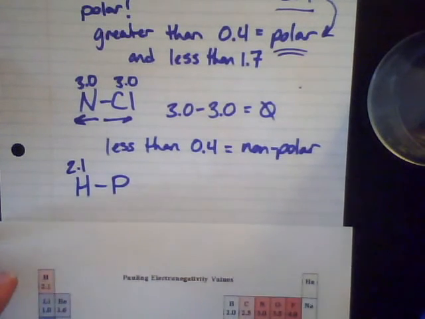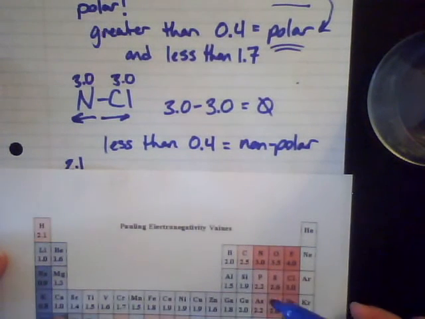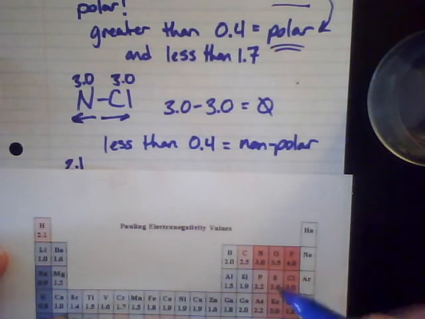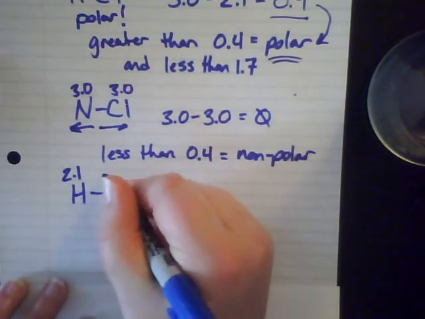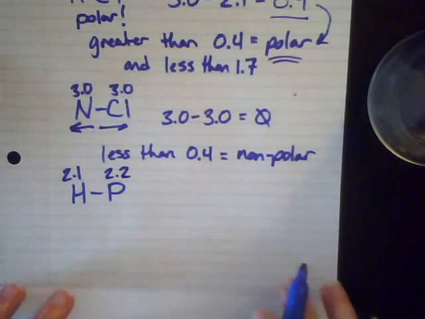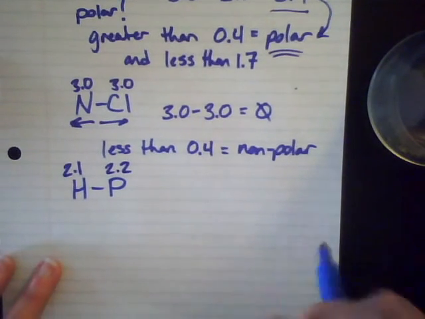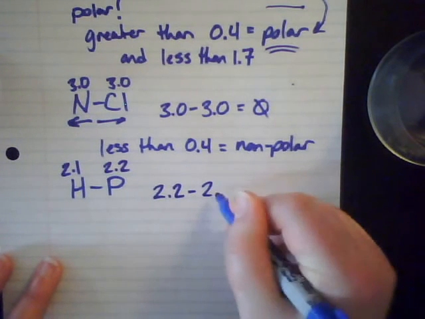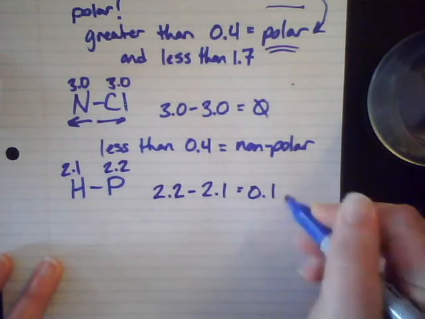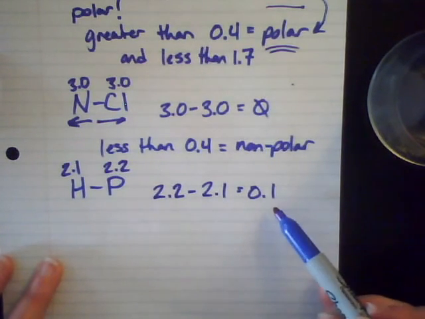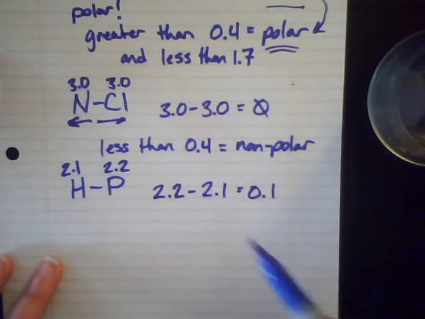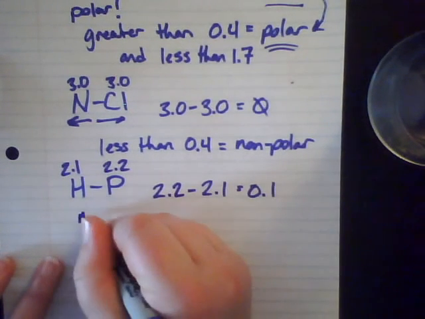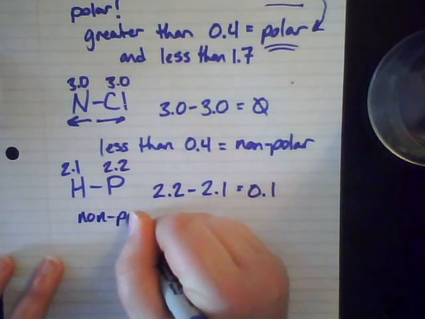Phosphorus is down here in the nitrogen column, below nitrogen, so phosphorus is 2.2. If you take the difference between these, again, you always take the smaller one from the larger one, it gives me a difference of 0.1. That 0.1 is less than 0.4, so this is a nonpolar bond, equal sharing.